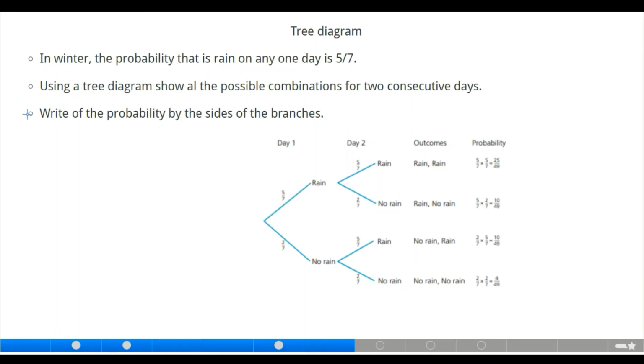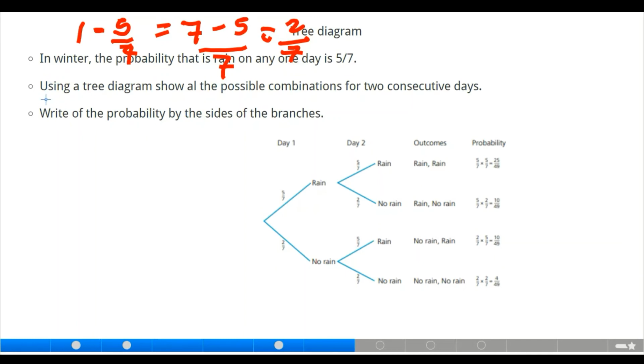The probability that it rains is 5 over 7, and the probability that it's not going to rain is going to be what? The probability of an event not happening is 1 minus the probability of the event happening. That is 1 minus 5 over 7. Let's find the LCM. That's going to be 7 minus 5 over 7. That 7 minus 5 will give us 2 over 7.